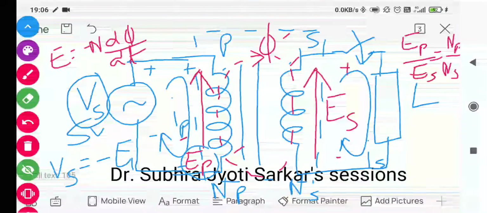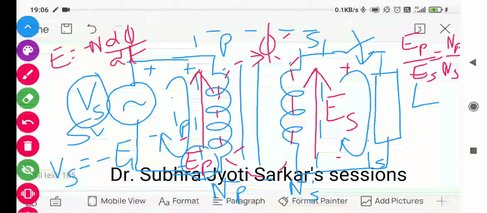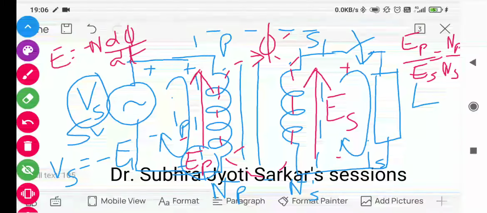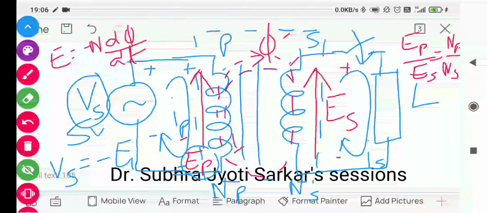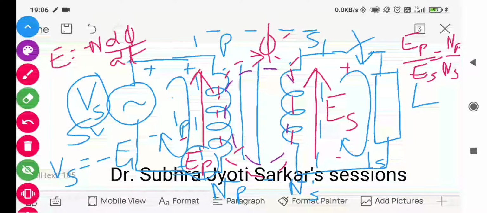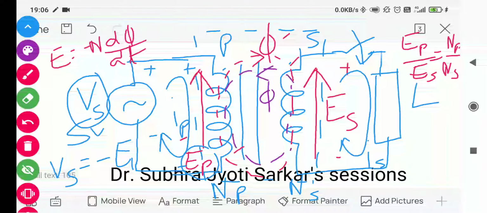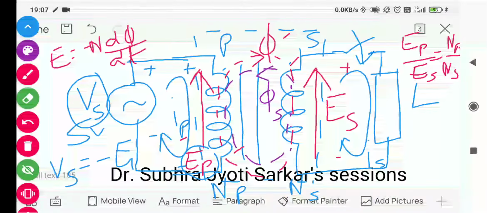Due to phi P. So if some flux phi S is generated due to the current IS, that will be opposite to that of phi. It would again link both primary and secondary, but the direction would be opposite. This phi S will be opposite to that of phi.